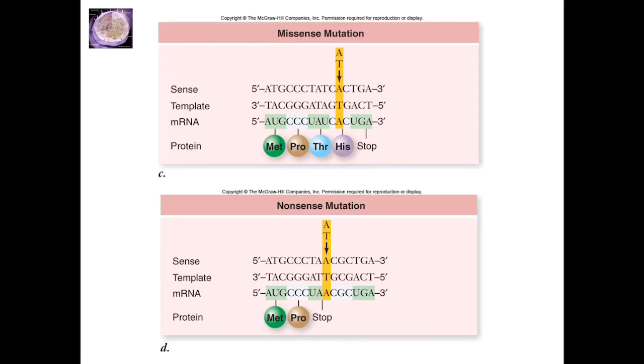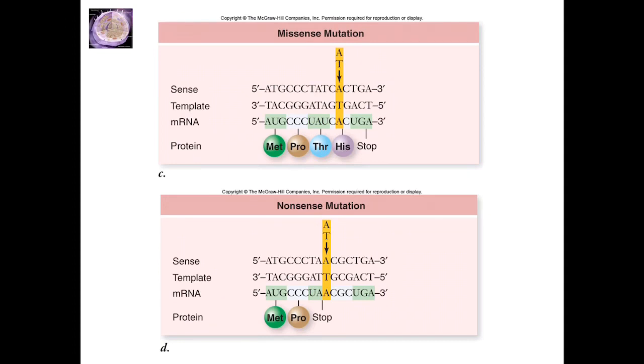On the bottom panel here, you can see that the UAU codon was changed to a UAA codon, and that UAA codon happens to be a stop codon. So the result of this is that you end up with only 2 amino acids instead of 4.